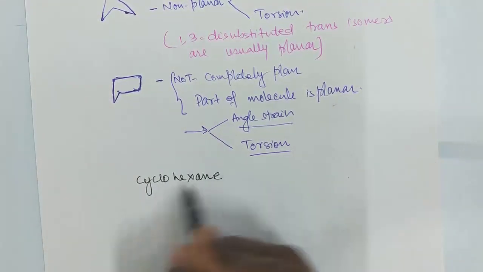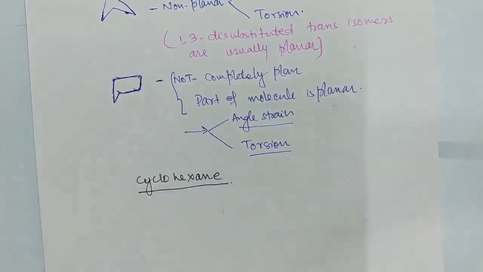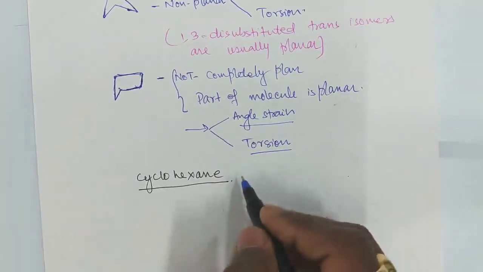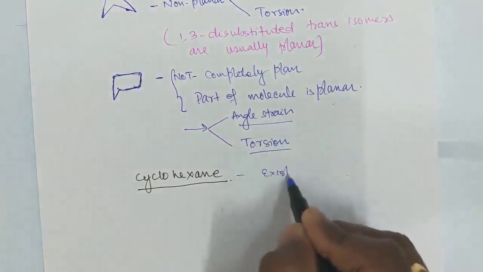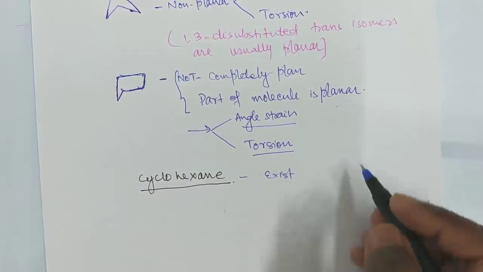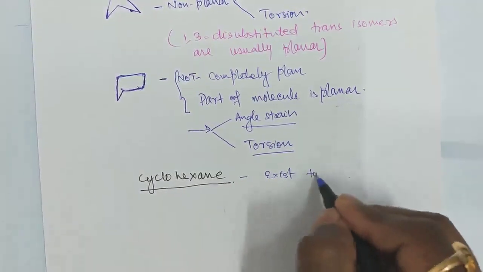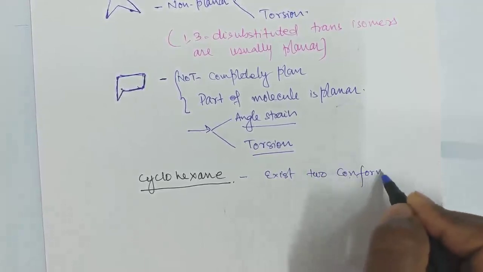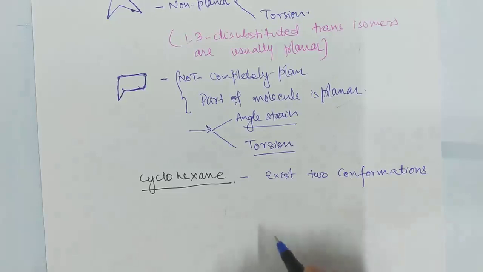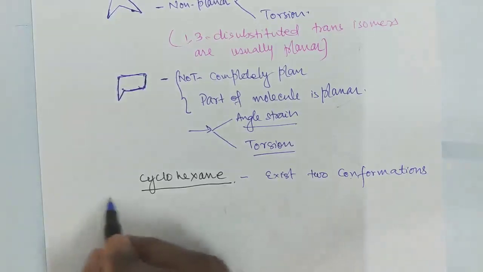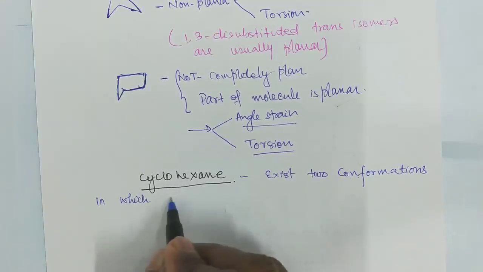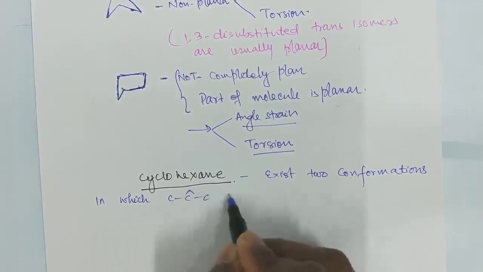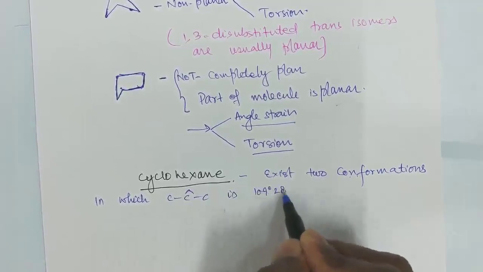See, cyclohexane molecule exists in two conformations in which the CCC bond angle is 109 degree 28 minute.